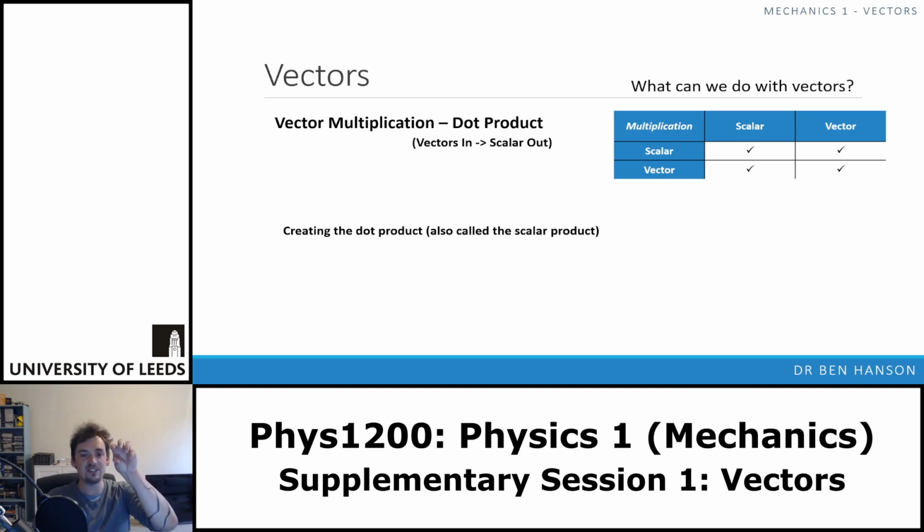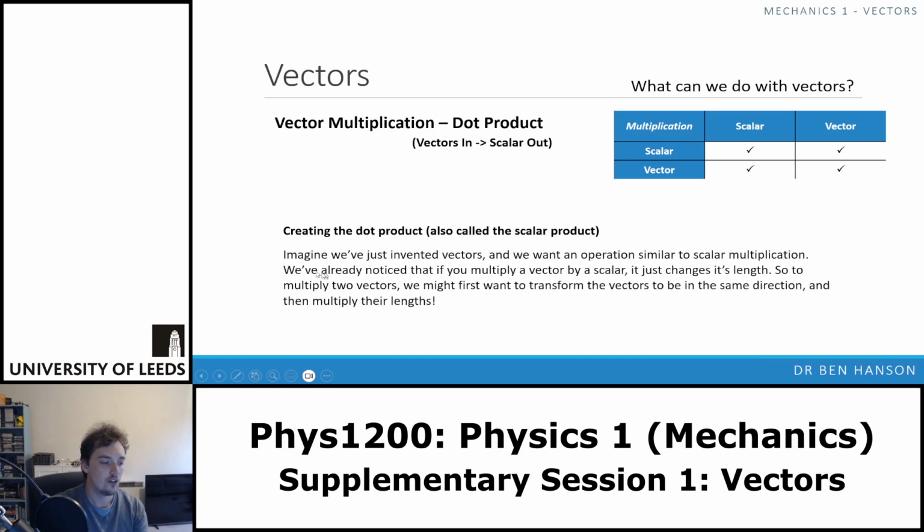If I've got 3 sets of 5 objects, then 3 times 5 gives me 15 in total. So multiplying scalars is conceptually very obvious. Multiplying vectors, less so. I'm going to take you through a conceptual understanding of what the dot product is and why we might need it in physics. So imagine we've literally just invented vectors.